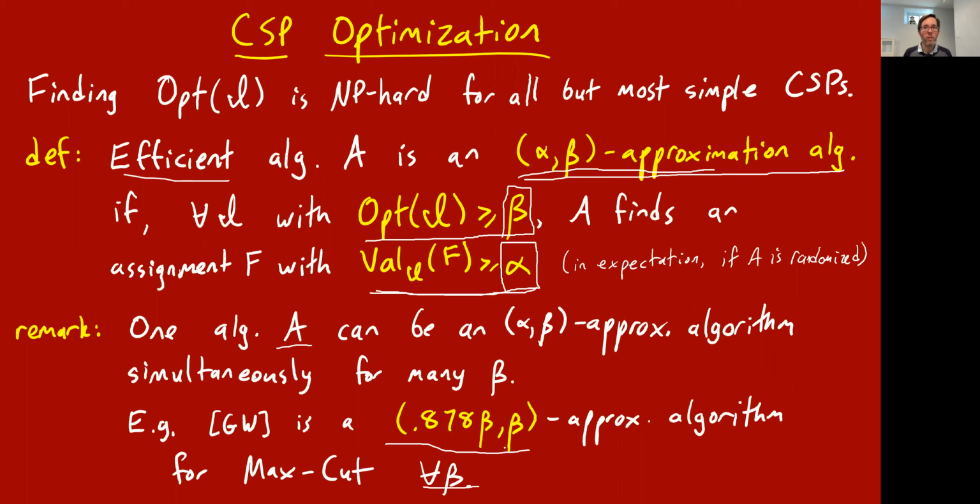Whatever the best value is, beta, the Goemans Williamson algorithm is guaranteed to get you at least 0.878 times beta. That is what a 0.878 ratio approximation algorithm means: 0.878 beta comma beta for every beta. But it can be interesting to look at guarantees that are not just of this type, ratio factor times beta comma beta for every beta.